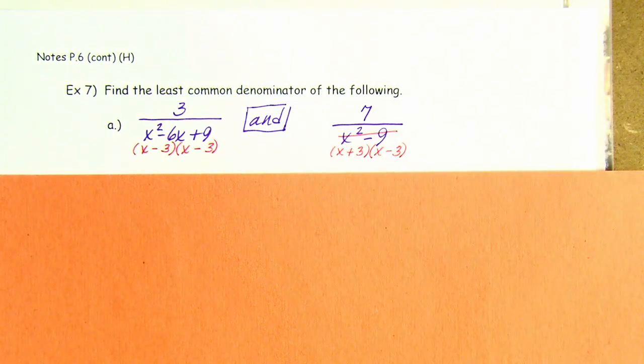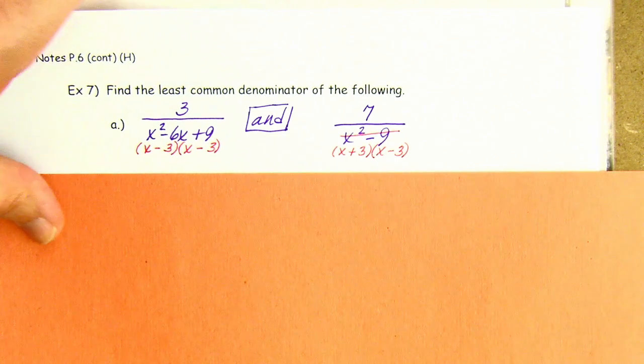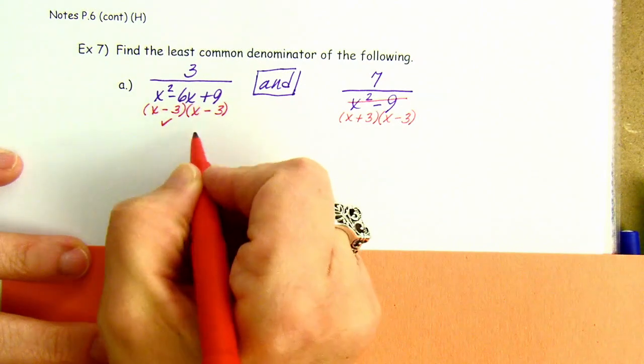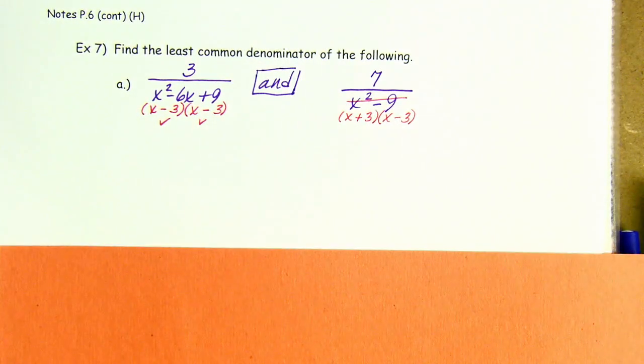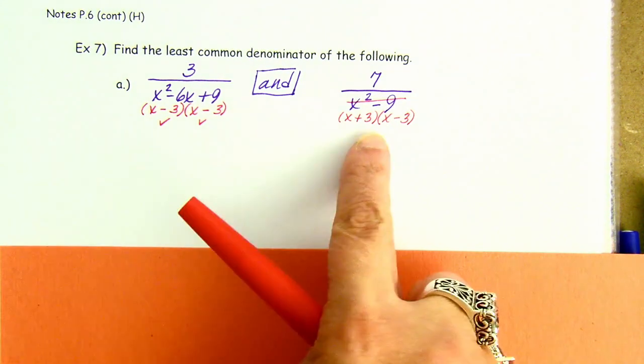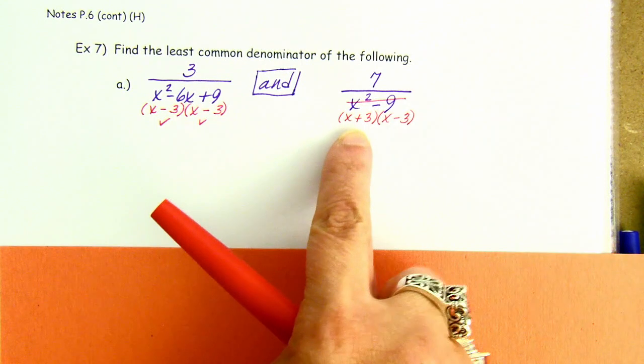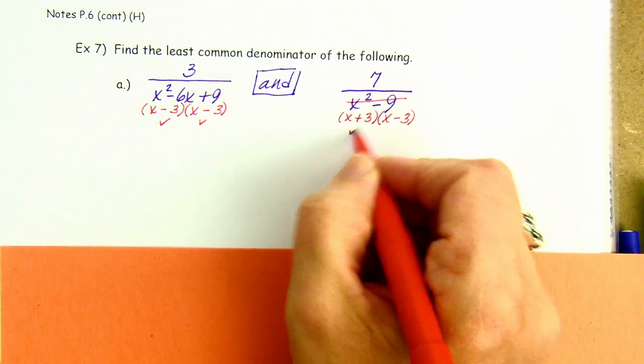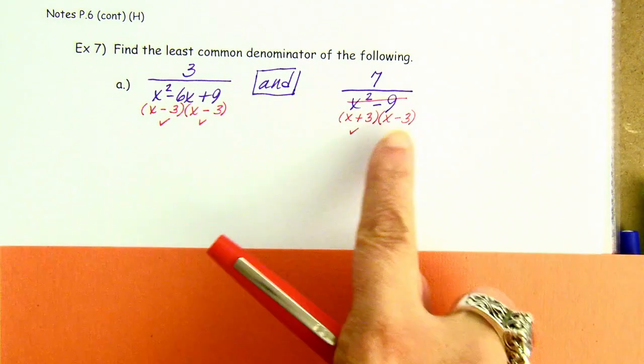Right, now I want to form that one common denominator. Okay, and the rule is you need everything in the first denominator. Even if it's repeated, you need them all. And then I compare to the next denominator. Is there an x plus 3 already in the list? No, there's not. So I need it. Look at the next one.